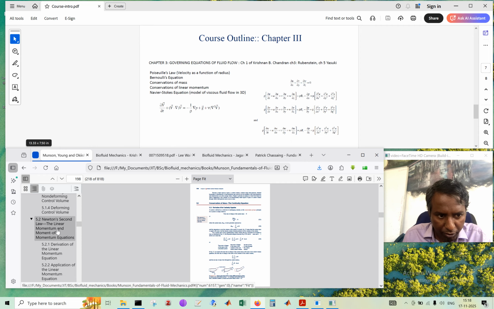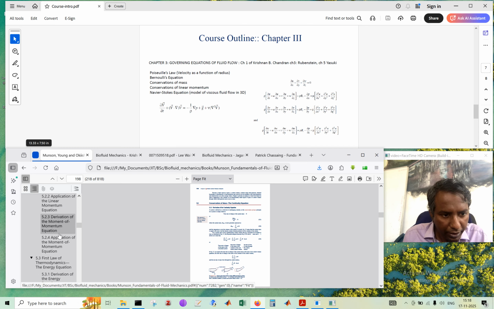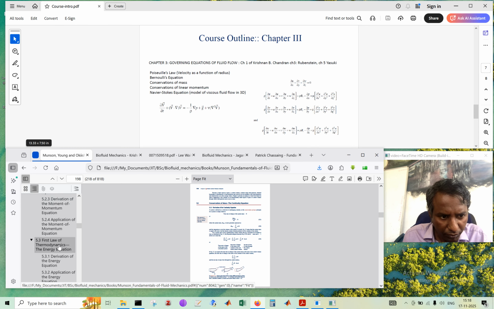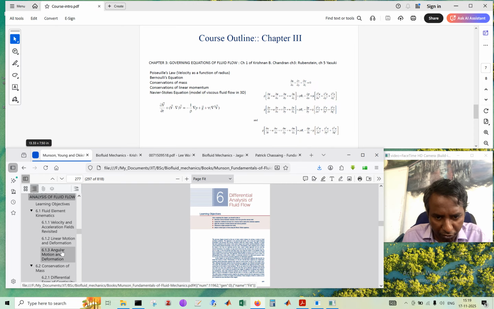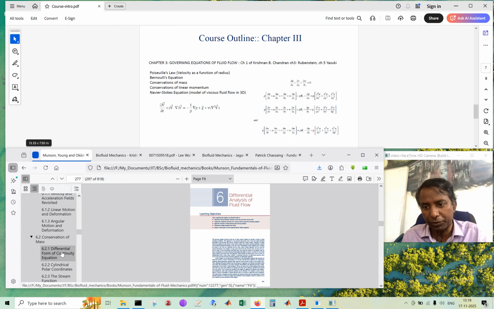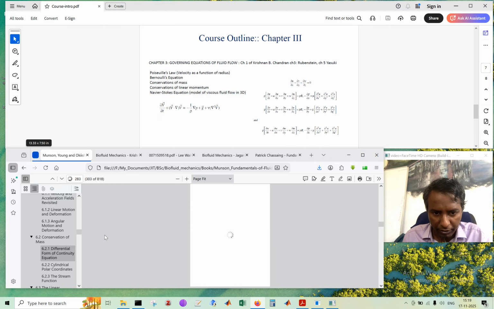These two are a macroscopic approach because we consider a finite volume. Then we also move on to derive the differential equation for the continuity equation, and the differential form of linear momentum turns out to be the Navier-Stokes equation. So we will derive that.